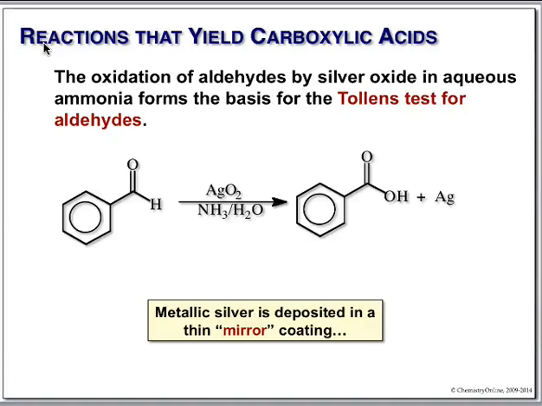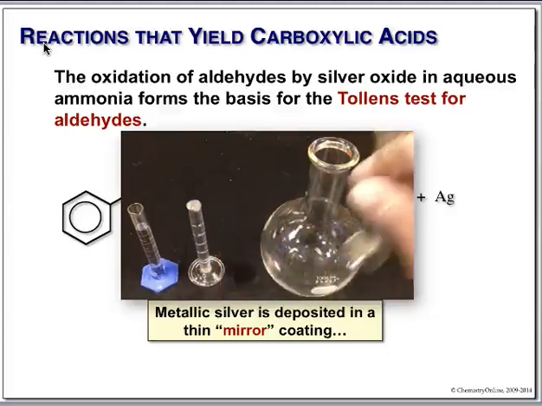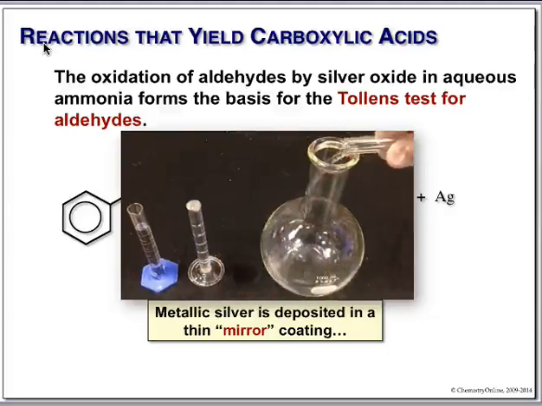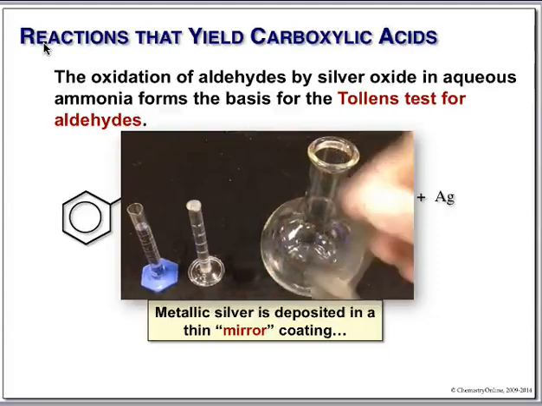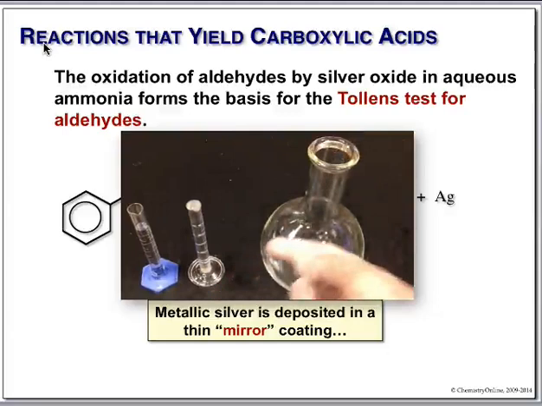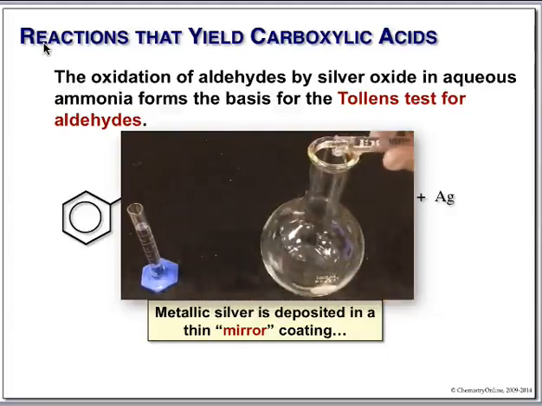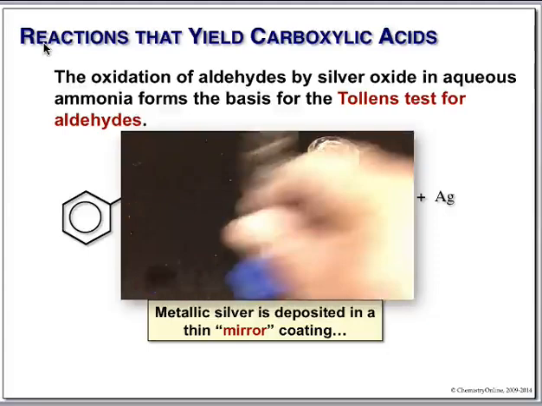Let's watch. Here we have the reagents. This is the aldehyde. Going to dump in ammonia. This is silver nitrate in here, actually. Now that gives you your silver oxide ammonia complex.